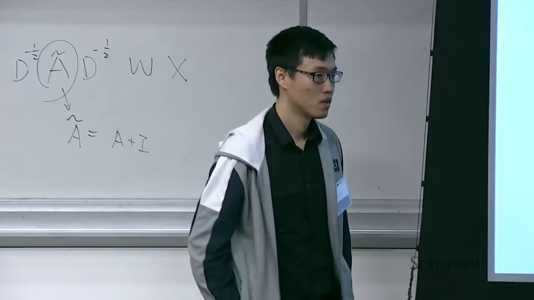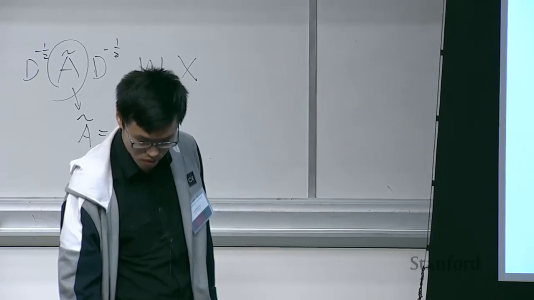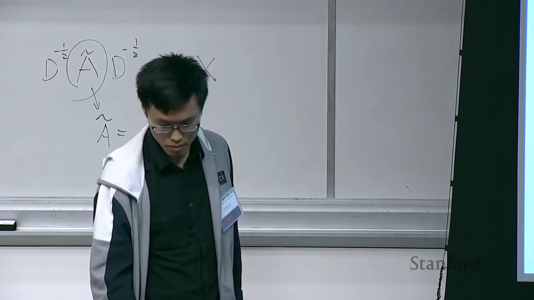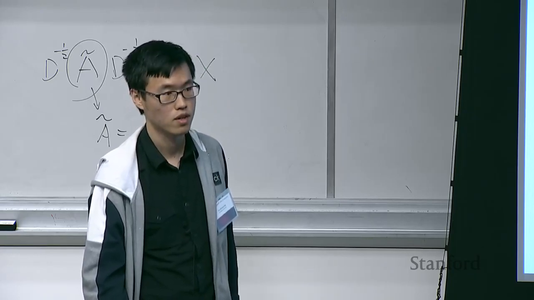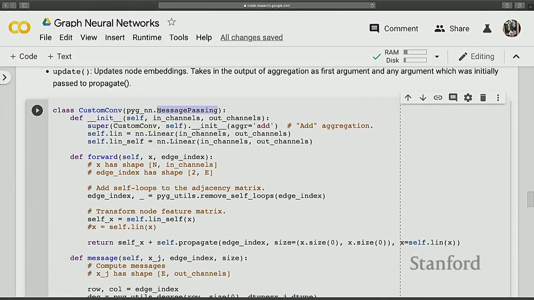What does super mean? When you put super in the constructor, what does it do? The question is, what is super here? Super here means that I'm calling the super class of the current class. Here we see CustomConv is inheriting from MessagePassing, which is inheriting from nn.Module. So when I call super here, I'm calling the constructor, the initialization function, of the MessagePassing class.